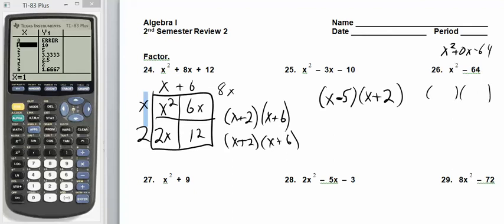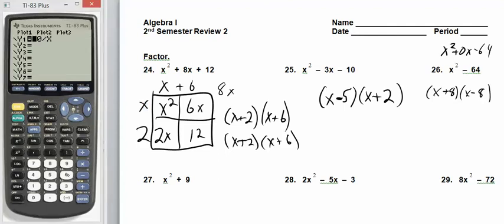So what factors of 64 are the same exact number that when I subtract them equal 0? So we put our x and our x, and it's of course going to be 8 and 8, and one's going to be plus, and one's going to be minus, so that we get to 0. Of course, if you weren't sure of that, you could go on the calculator and do 64 divided by x, and it's still the ones that when I subtract them equals 0, so 8 and 8.